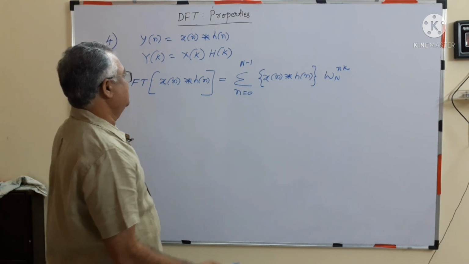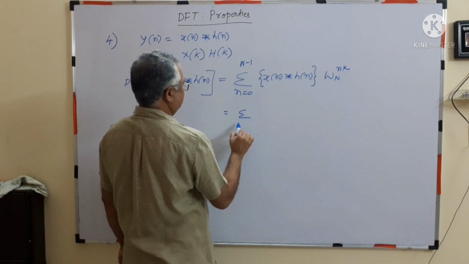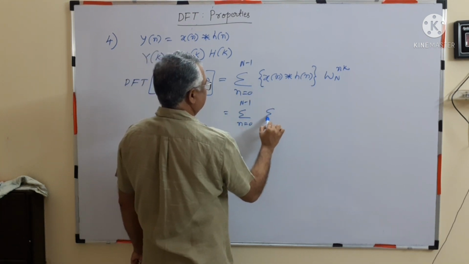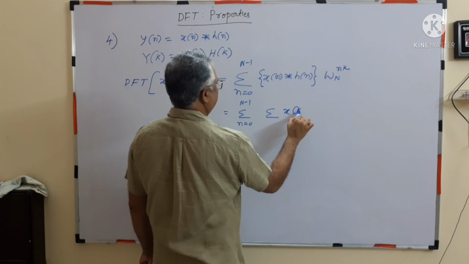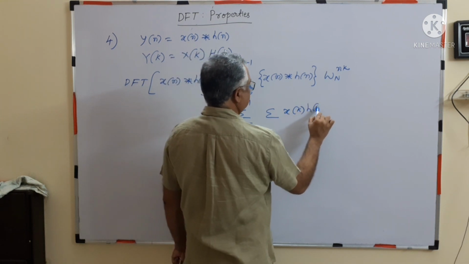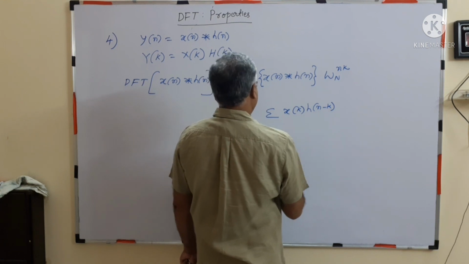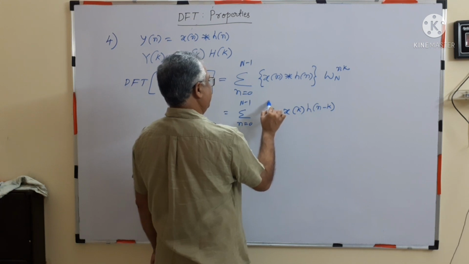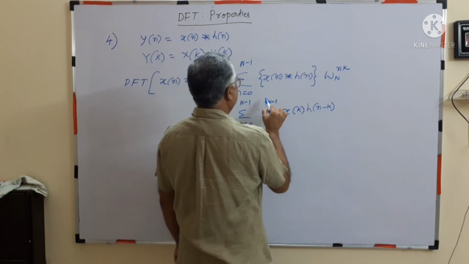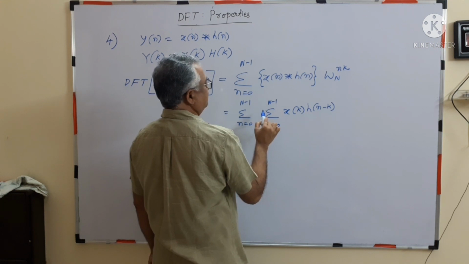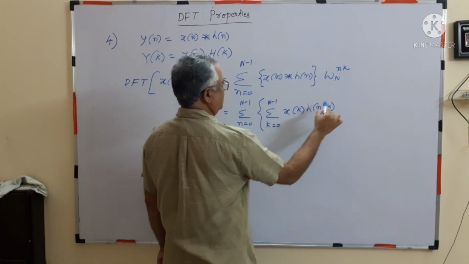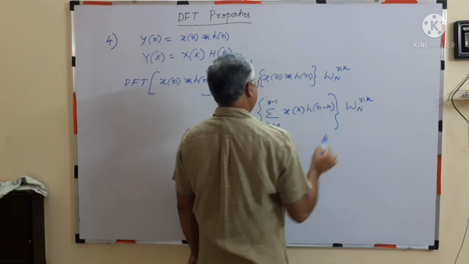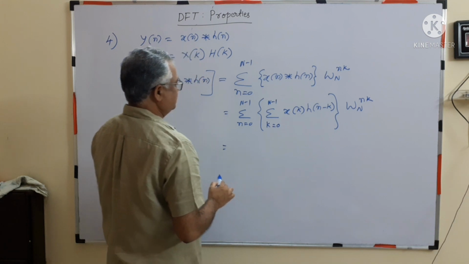Now expand the convolution: the sum over k from 0 to N minus 1 of x of k h of n minus k, where k is the variable changing from 0 to N minus 1, times W N power nk. Now change the order of summation.